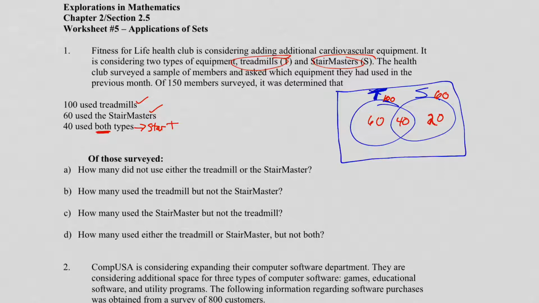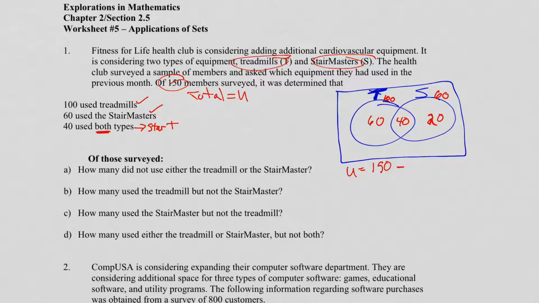Okay, now we got to fill in region 4, which is outside. So we know that the total, which is the universal set, is 150. Well, we have to subtract all 3 regions, okay?